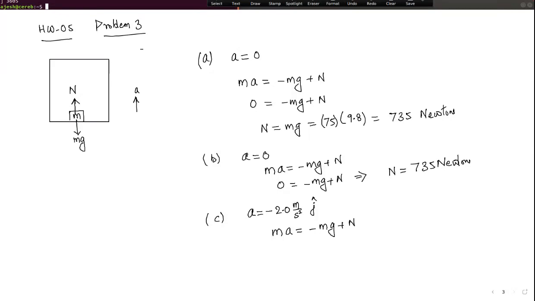But it's minus ma, since it is acting downward, it is minus ma. So the normal force will be mg minus ma. That's 735 minus 75 times 2, which is 75 into 2 is 150. So 735 minus 150 is 585 newtons.